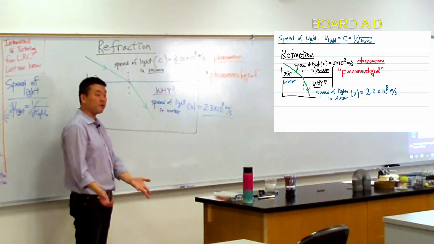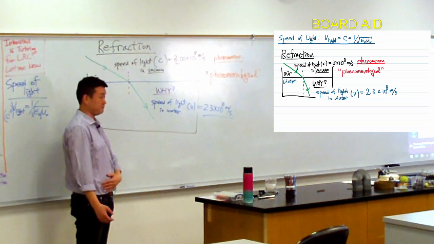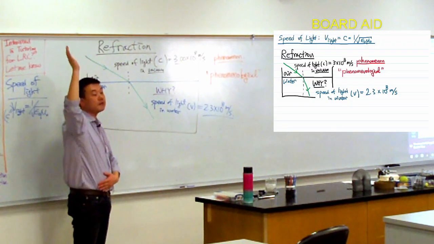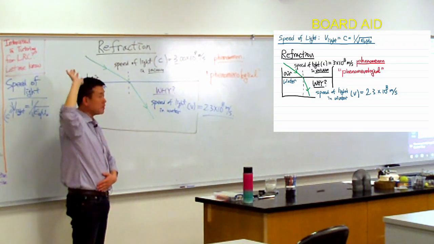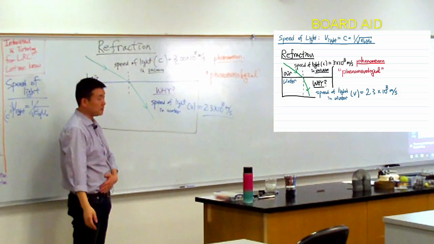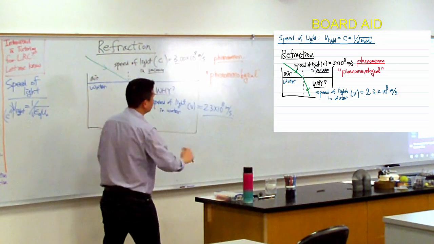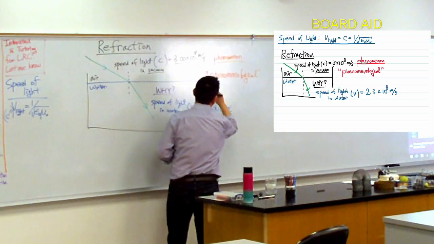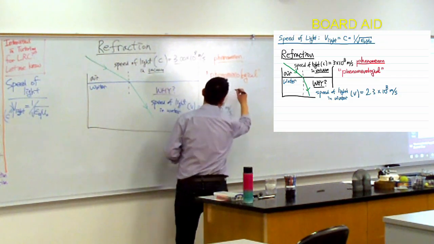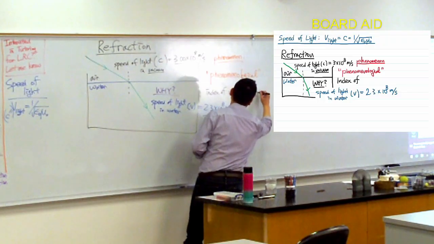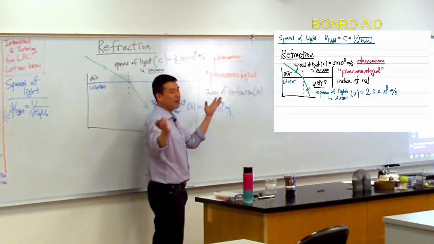How many here have heard the phrase index of refraction? Everyone has heard of that, right? That's what this is. It's an experimentally determined quantity. The index of refraction, we usually use the letter n for it, don't ask me why.